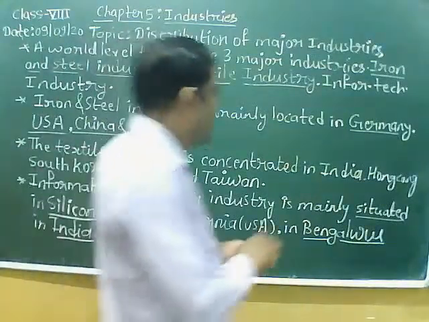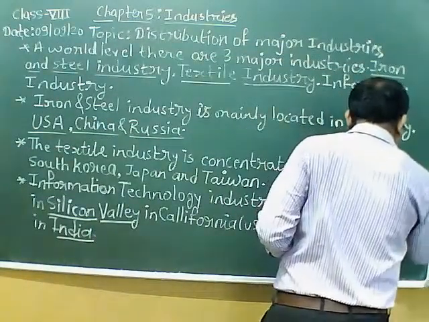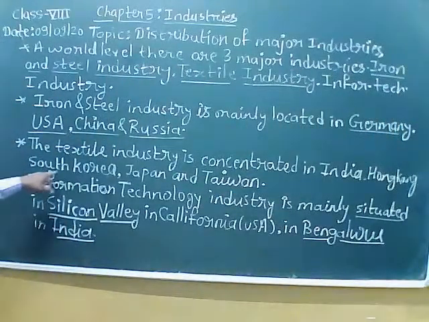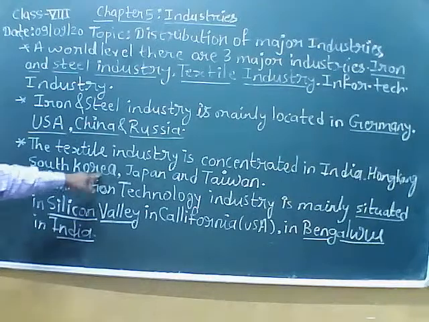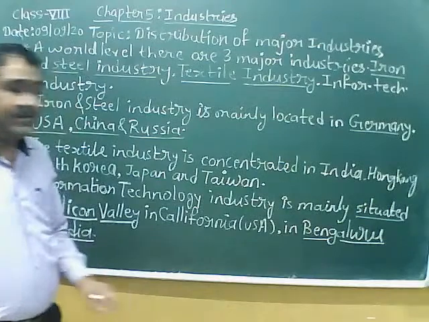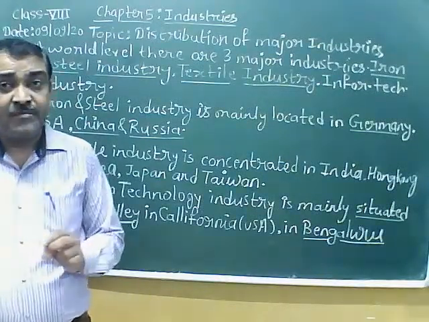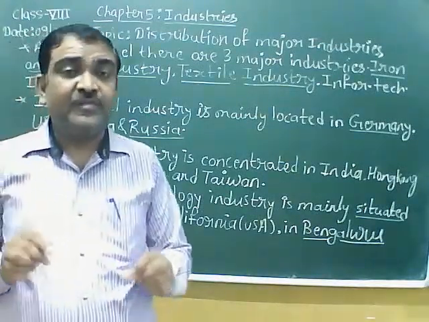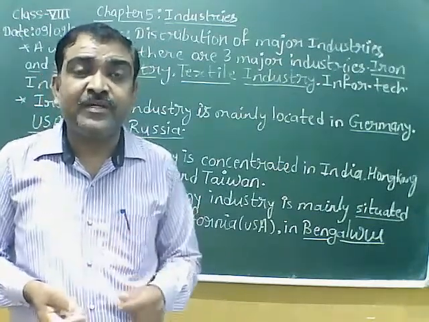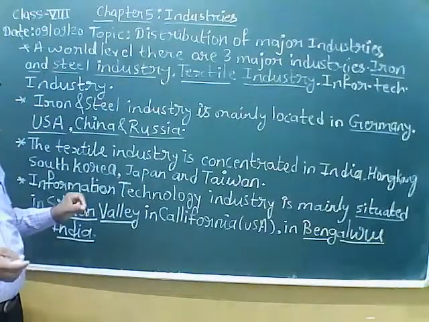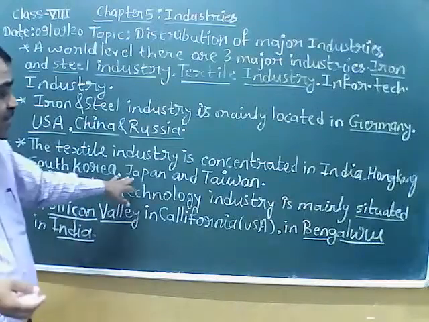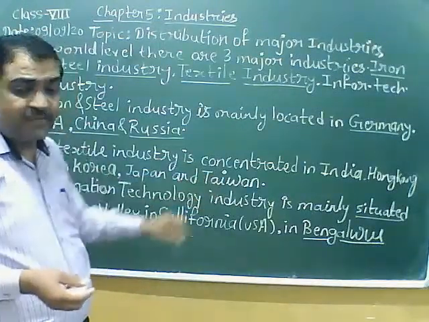Okay, sorry, I wrote the wrong side. Okay, it is Hong Kong, then South Korea, Japan and Taiwan. Okay, it means with comparison to the world's production, in that textile production, most of the textile comes from India, Hong Kong, South Korea, Japan and Taiwan.